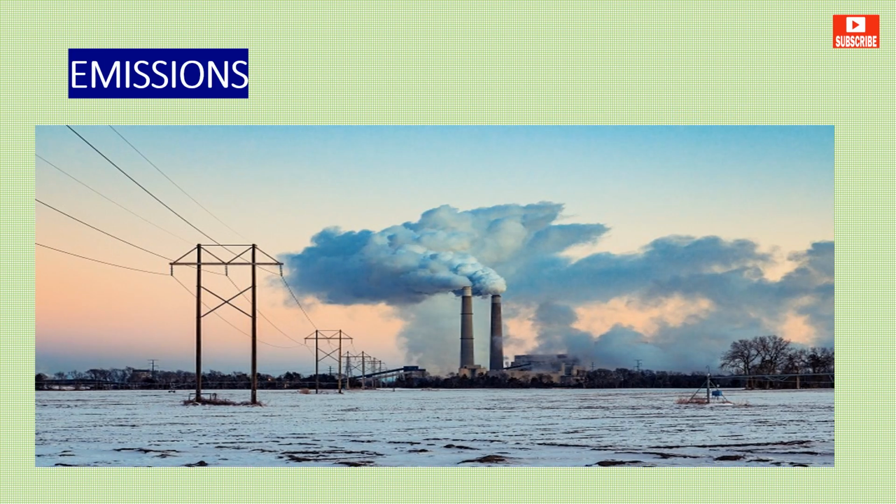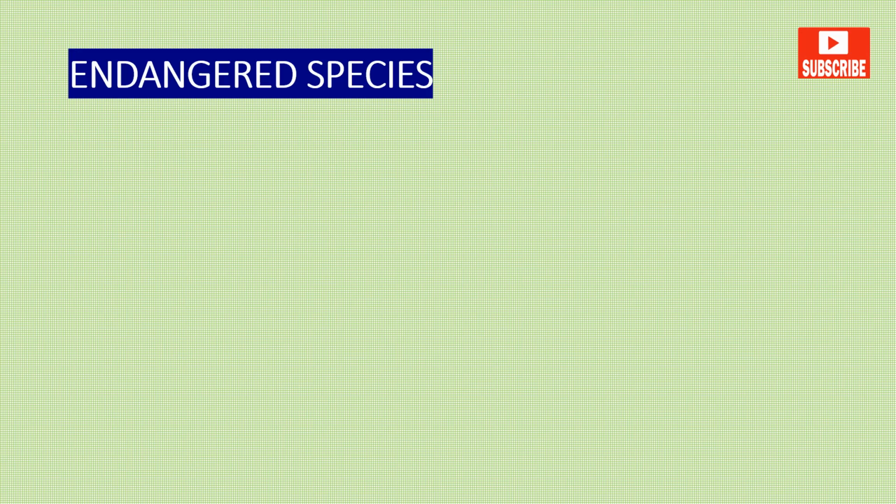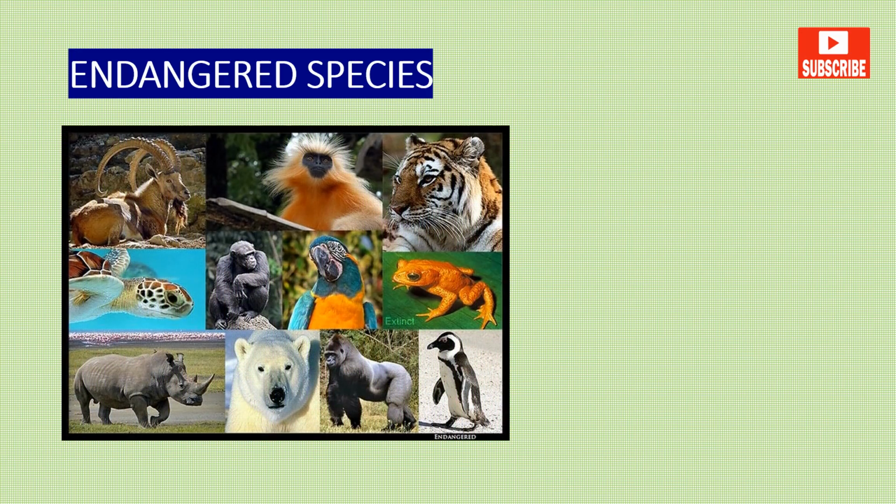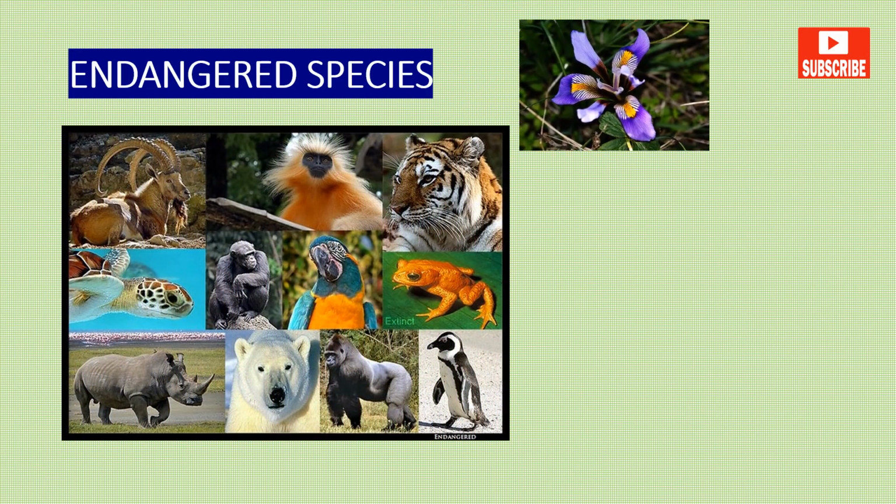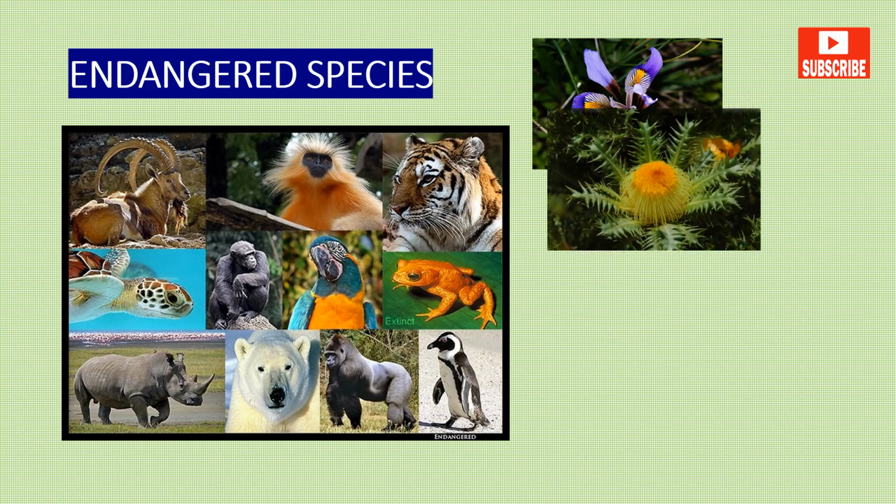Emissions is the toxic gases from factories and machinery that are then leaked into the atmosphere. Endangered species is a species of plant or animal that is in danger of becoming extinct.